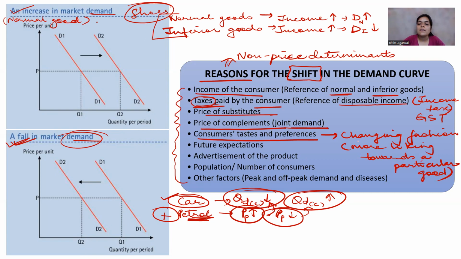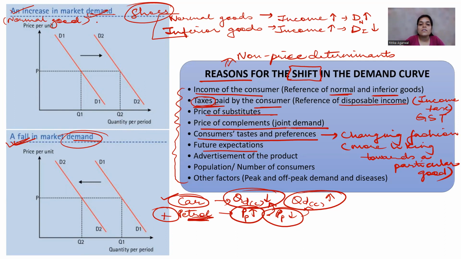So suppose if you are attracted towards another TV set, or maybe another pair of shoes, or maybe another cloth or t-shirt, shirt, or maybe jeans, etc., can lead to an increase in the demand primarily. Now, if you do not like some of the goods, or you do not have a taste in different types of clothing or maybe shoes, etc., then this will lead to a fall in the demand for that particular good. Next we have is future expectations.